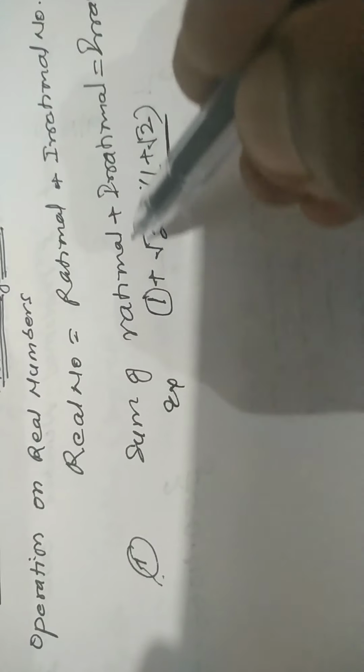Basically this one is irrational. 1 is rational, under root 2 is irrational. We cannot add it further. If you add 3 plus under root 2, it remains the same, 3 plus under root 2. That is irrational. It is not like 3 plus under root 2 is equal to 3 root 2.